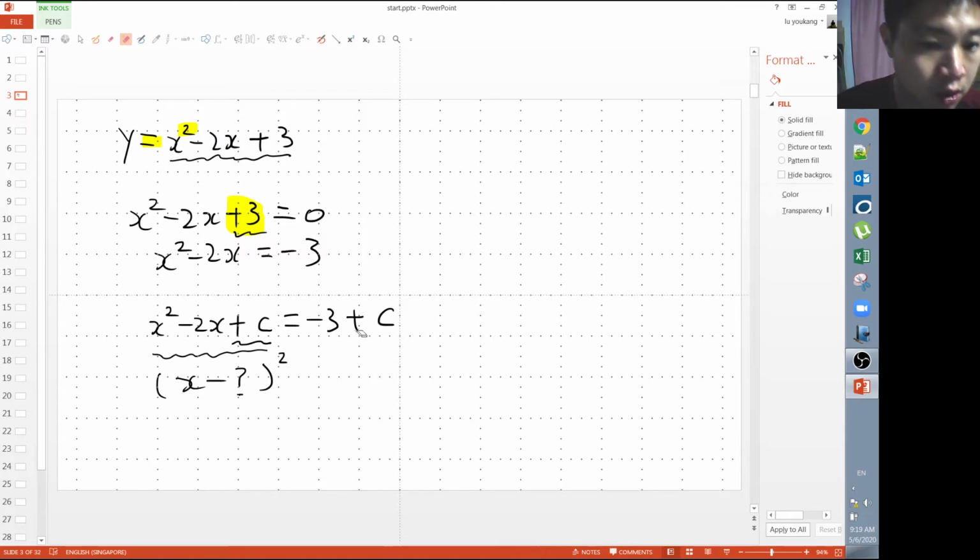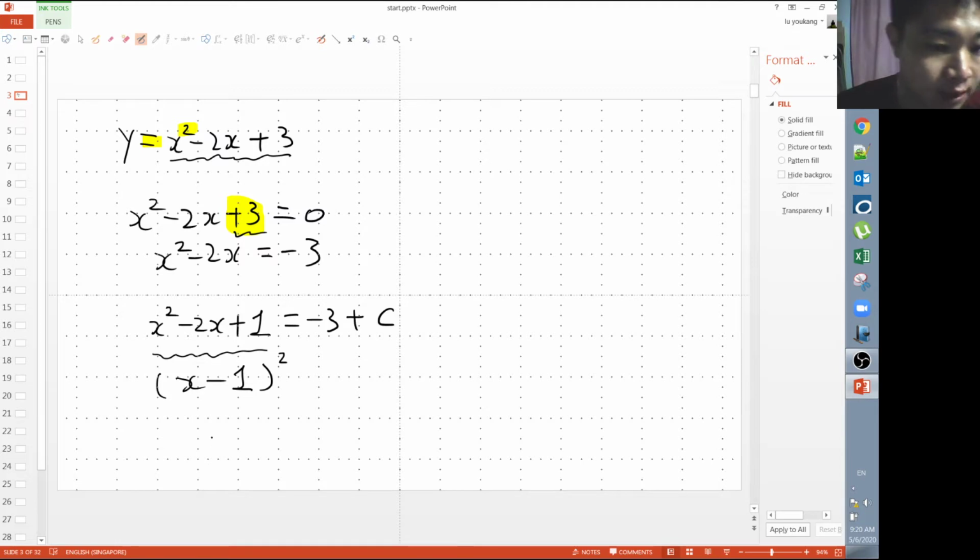Now the question is, what constant c should I put here so that I can achieve something in this format below? I hope you can see you can add a 1 here. If you add a 1 here, your question mark here will be 1.